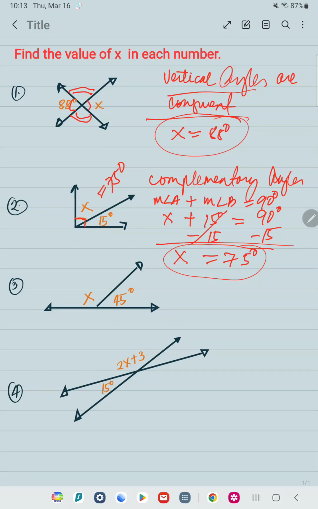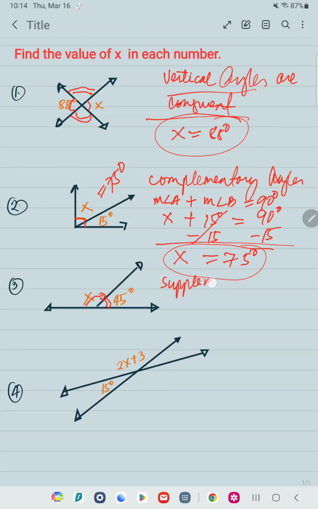Okay, in number 3, they are supplementary angles. Actually, x and 45 are also a linear pair of angles. When we say supplementary angles, a straight line is 180, right? Which means the sum of the measures of these two angles is equal to 180 degrees.